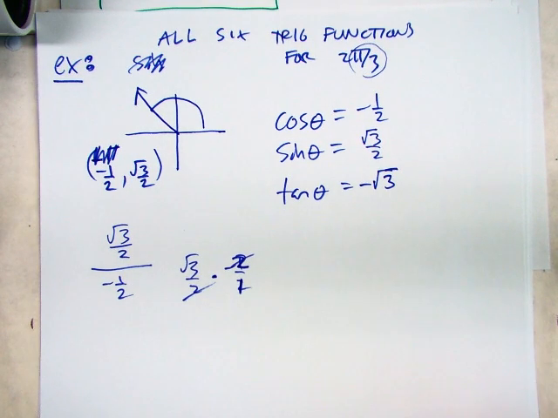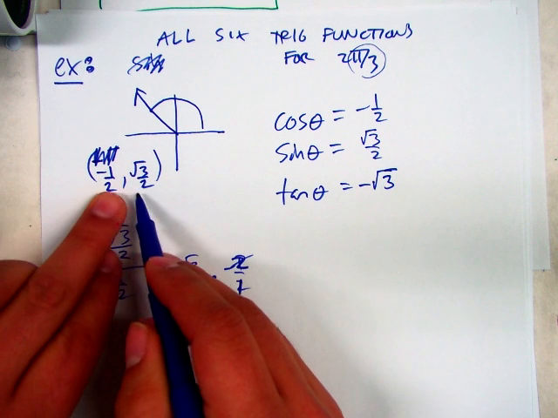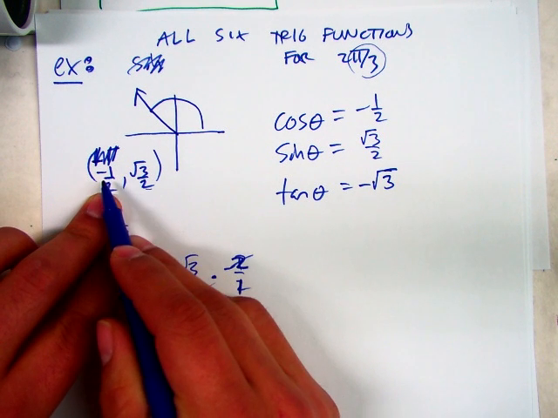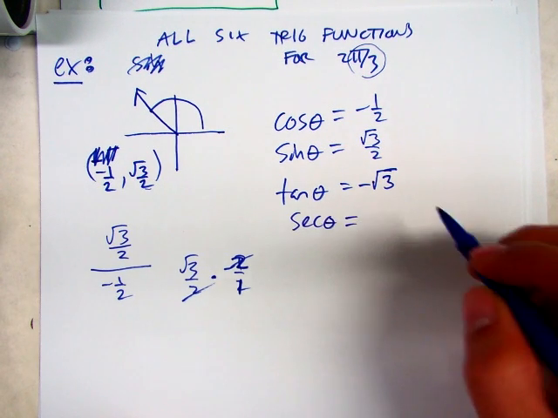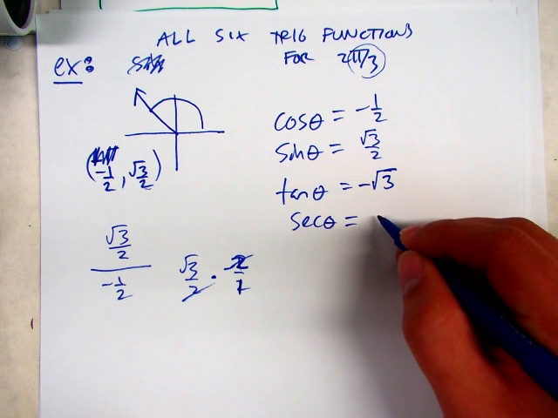The way I like to do this, if the denominators are the same, these are going to cancel out. So it's just like doing root 3 over negative 1. Does that make sense? Secant is the reciprocal of cosine. So that's going to be negative 2.